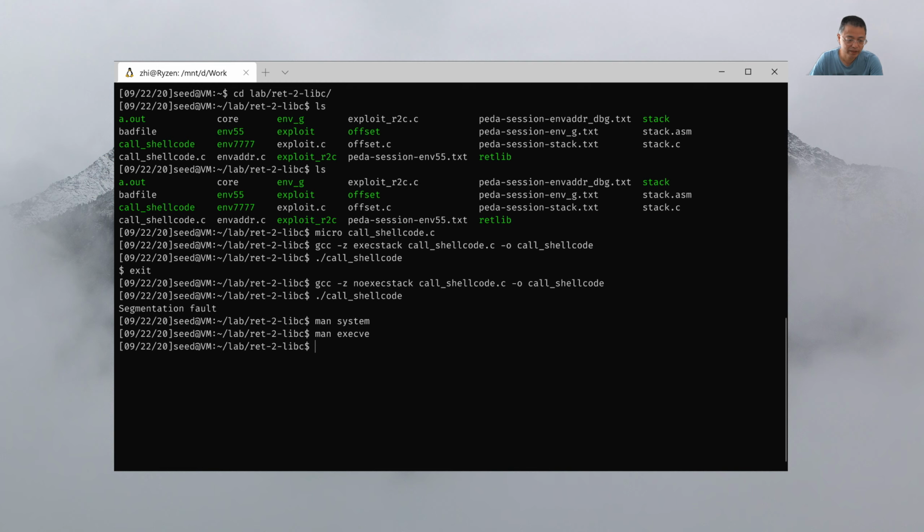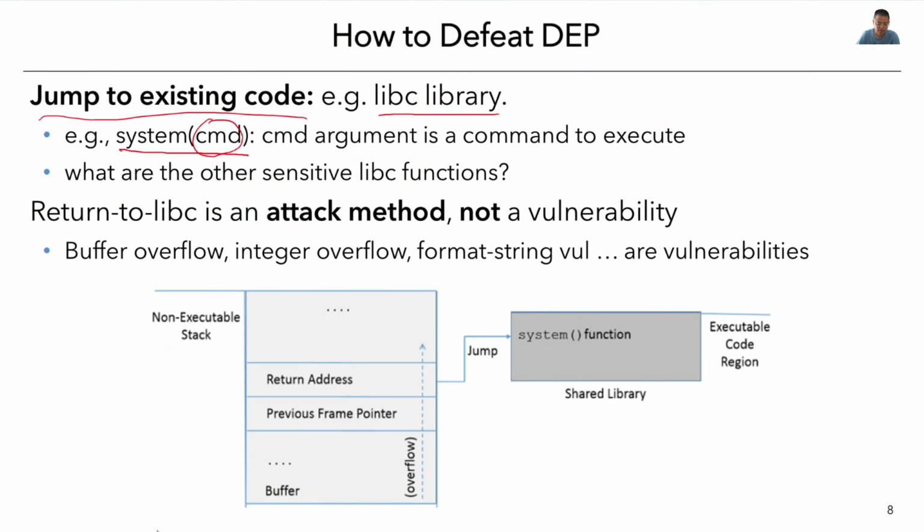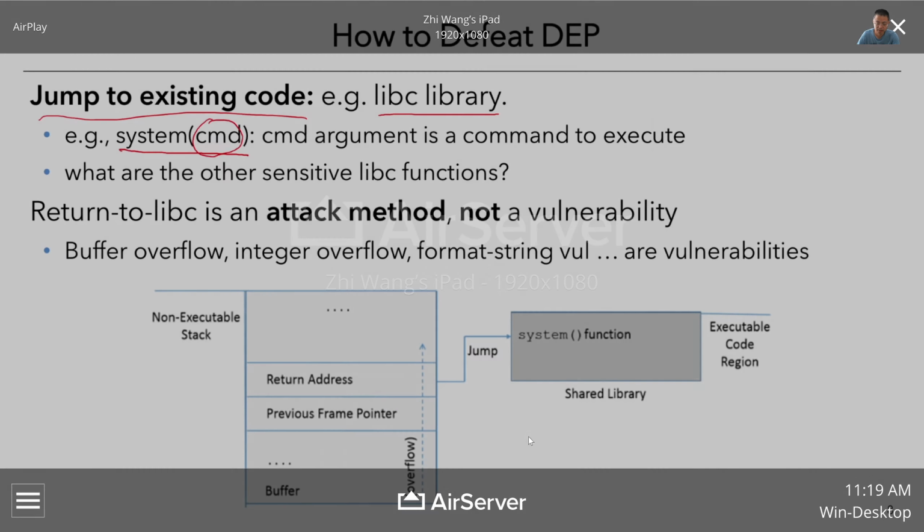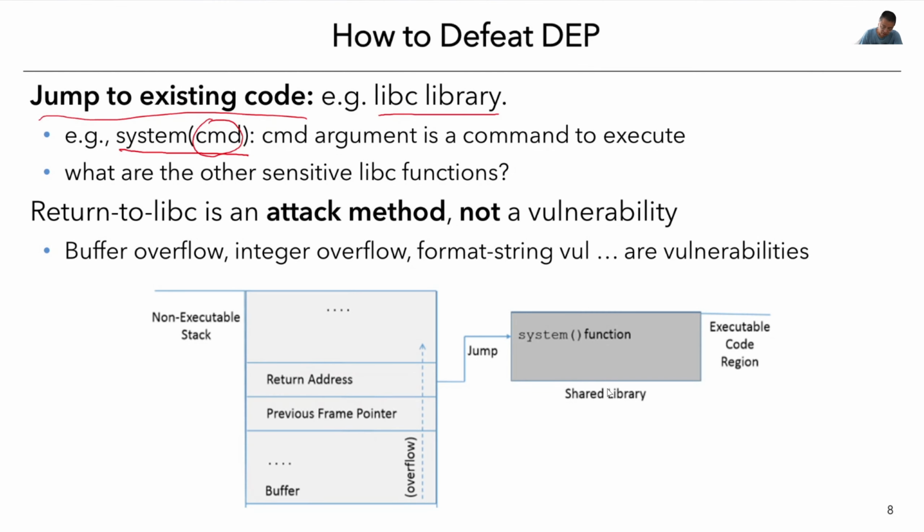Okay, so let's go back to the lecture slides. Ret-to-libc is an attack method, not a vulnerability. Buffer overflow, integer overflow, and format string vulnerability are all vulnerabilities. Ret-to-libc is different.